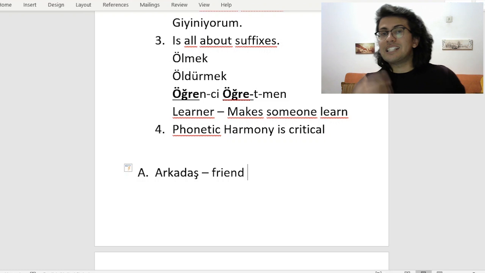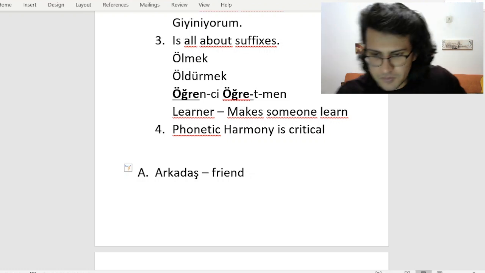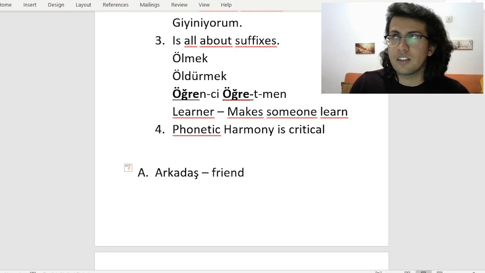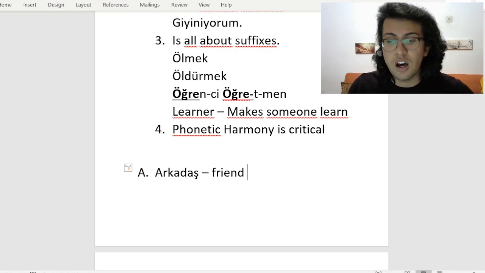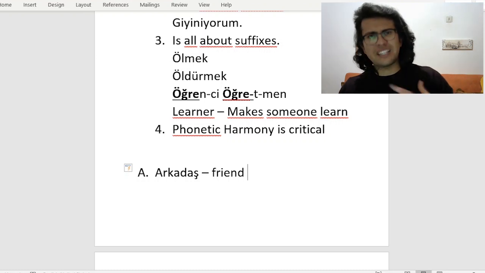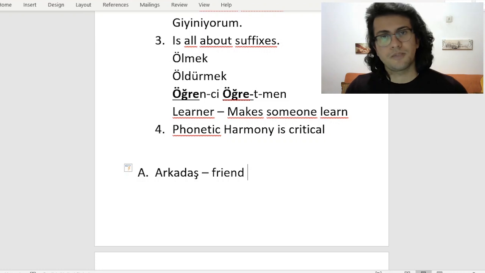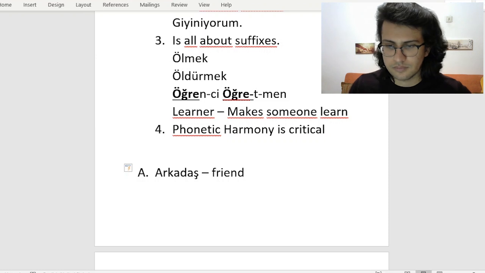There are specific tricks to them. So this A is kind of like the first letter of under or umbrella. Not exactly, but think of the depth that's important. It's very important that it's a deep letter. So it's arkadaş.